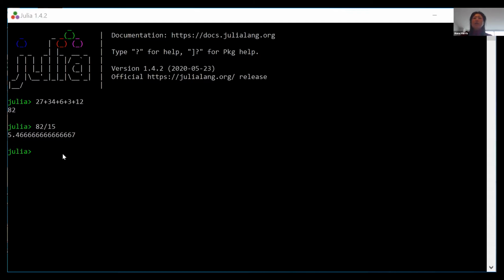Say I want to find an area under the curve using rectangles. Okay, so my function is this.